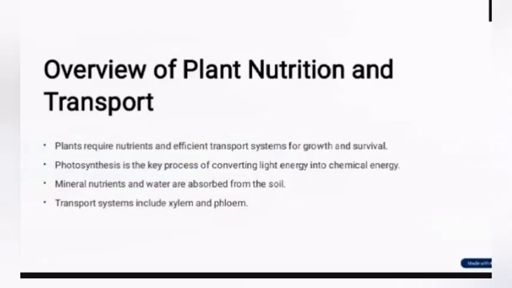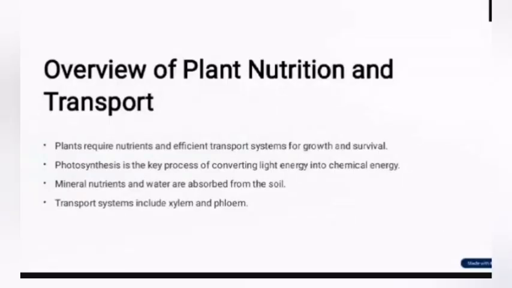I repeat, photosynthesis is the entire process by which plants, comma, algae, spelled A-L-G-A-E, and some bacteria convert light energy into chemical energy.